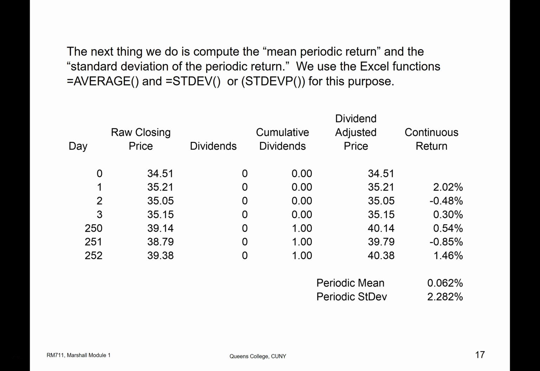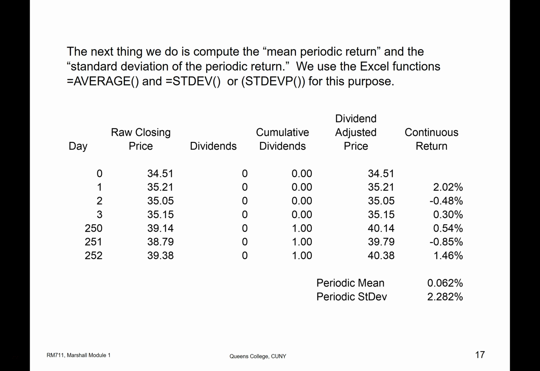There are other functions, like STDEV.P for a true population, but this is not a true population, so we wouldn't want to use that in this case. So we would calculate the periodic mean and periodic standard deviation using those functions.